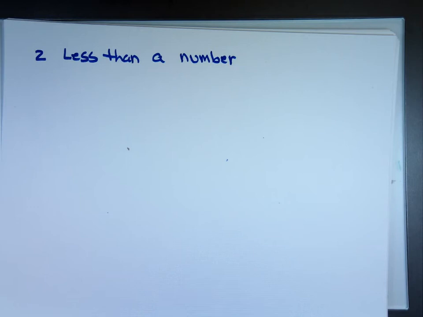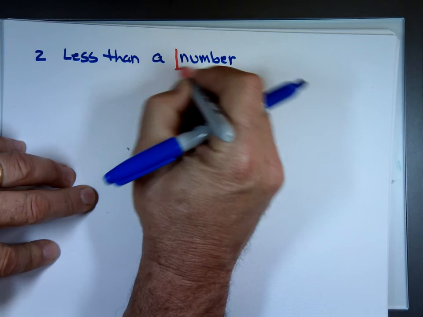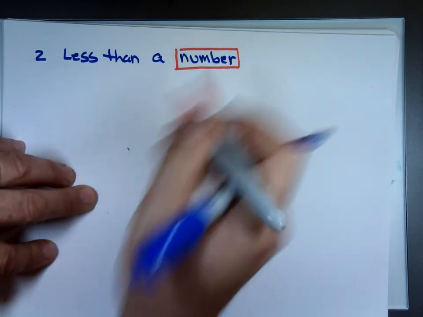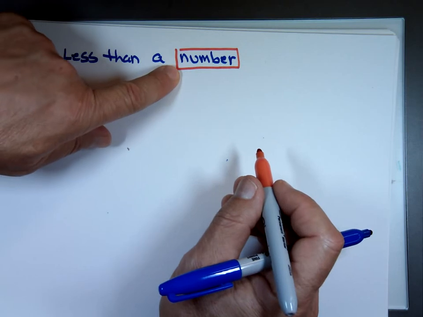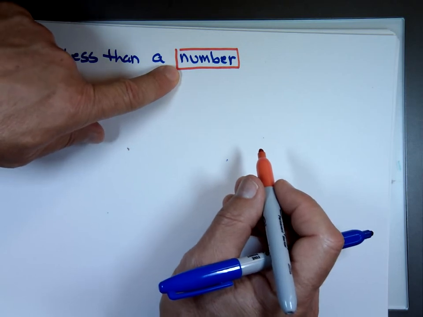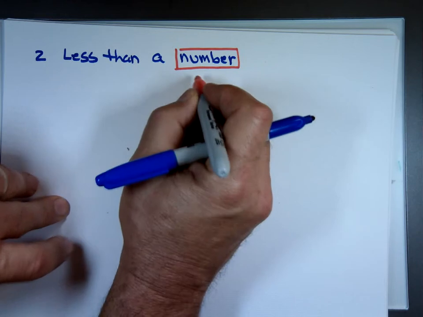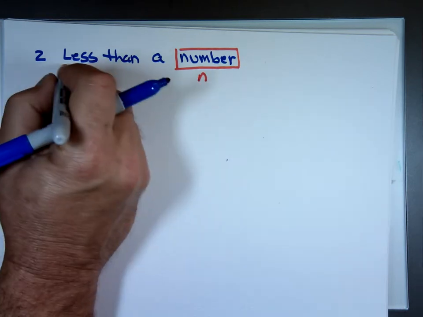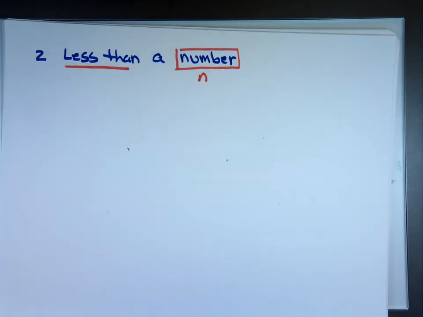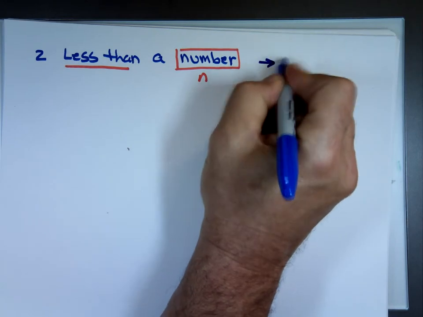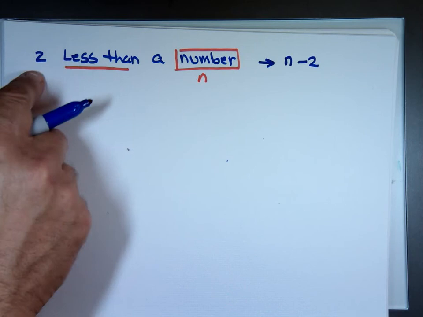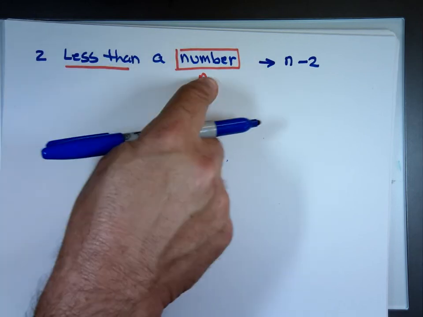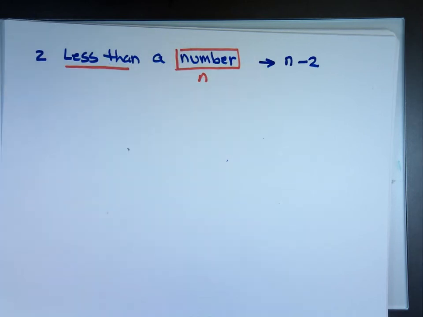Exactly. This is unknown, so you make your own. You can use any letter you want. You can use X. You can use Y. Me personally, I look at whatever is written here. I go, number. Number begins with the letter N. I'll use N. What about less than? Subtraction. So that will be N minus 2. That number was decreased by 2. 2 less than a number. So it's 2 below the number. Take away from that number.